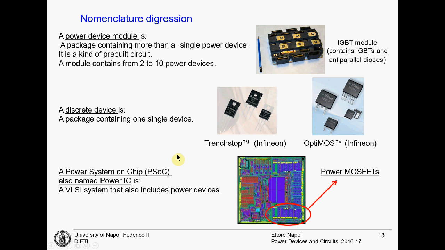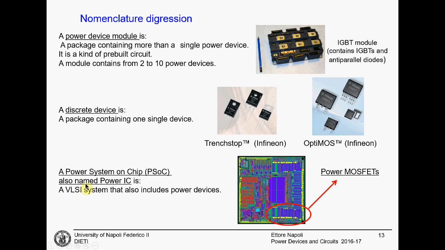Then it is possible that you hear about a power system on chip, or power IC. This is something very different that we will not study in detail. We will probably do a lecture at the end of the course.